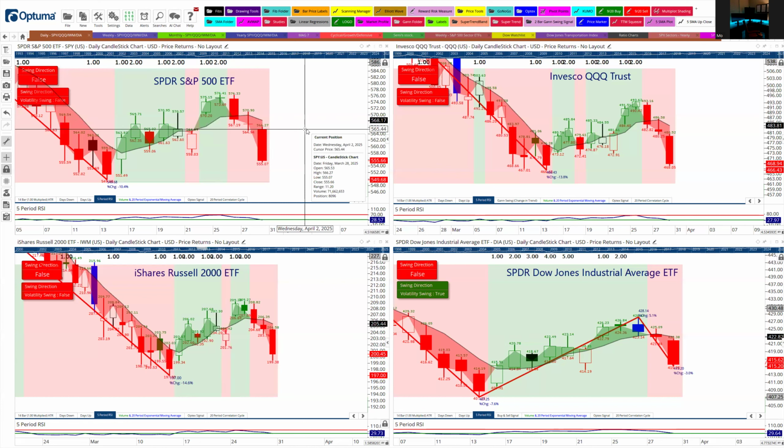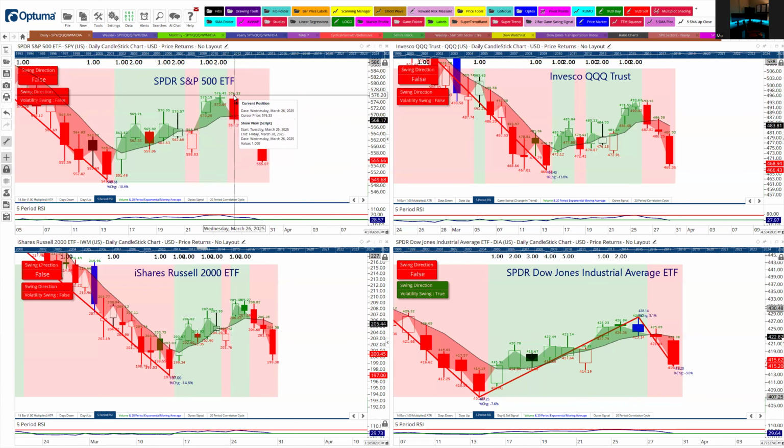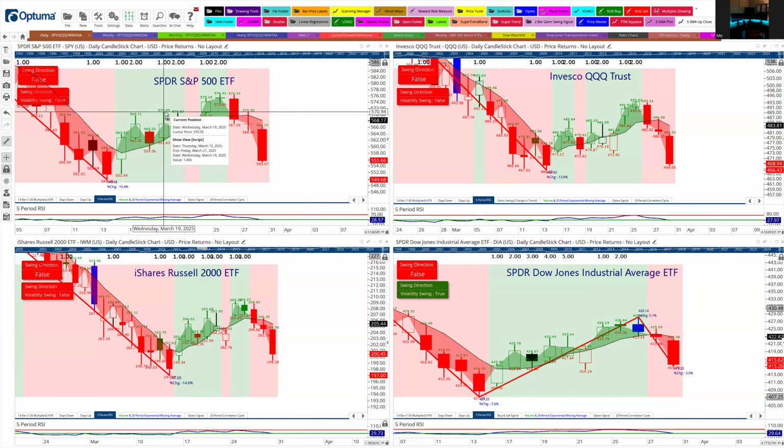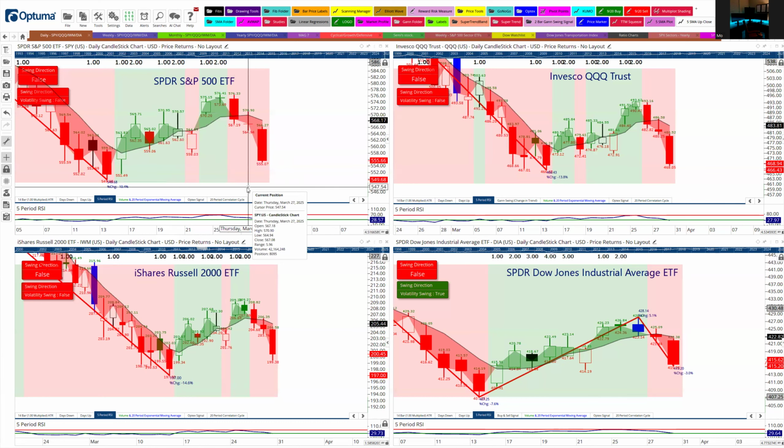How these algos work sometimes, this just amazes me. It's something to watch, to be honest. If you actually watch the prints on them, you just be like, how perfect they can stop a price and just not let it print a high above the previous day. Look here: 570.95, 570.57.